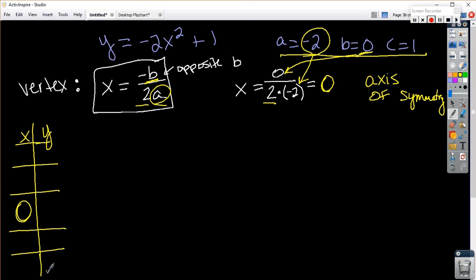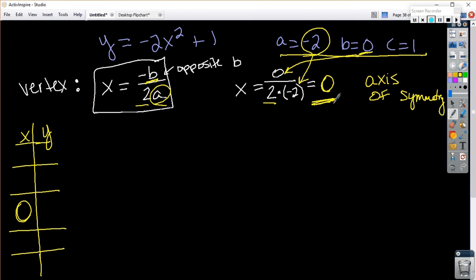So you're going to go 2 up, 2 down from your vertex. In this case, it's 0. That makes it easy. If it was 5, then I'd go 4, 3, and I'd go 6, 7. Okay? 2 up, 2 down from wherever that vertex is.